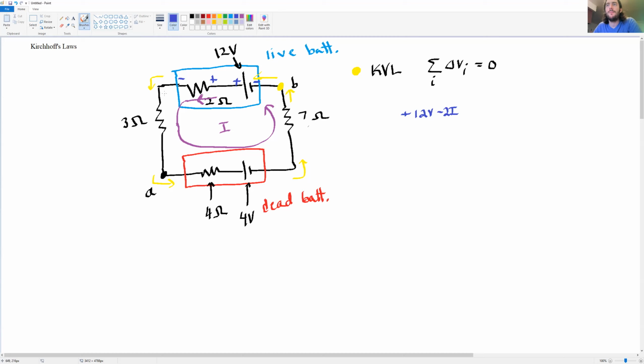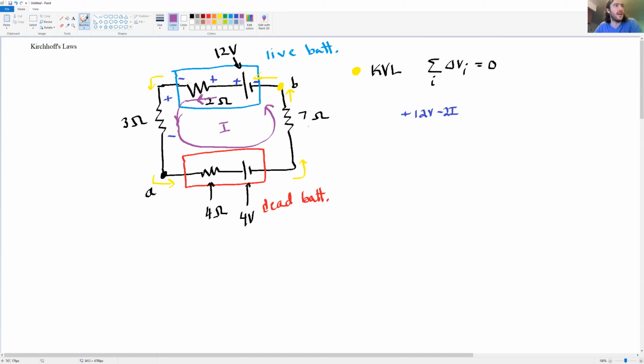And then after I pass this first 2 ohm resistor, I come across this 3 ohm resistor now. And of course, the current is flowing in the same direction here. These guys are in series. And so the polarity is like this. The current flows from high to low across the resistor. So at the high end of the resistor is the positive, and at the low end is the minus there.